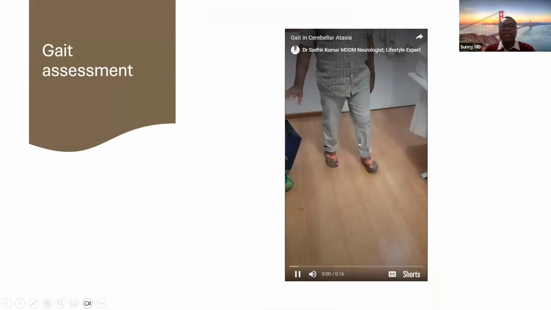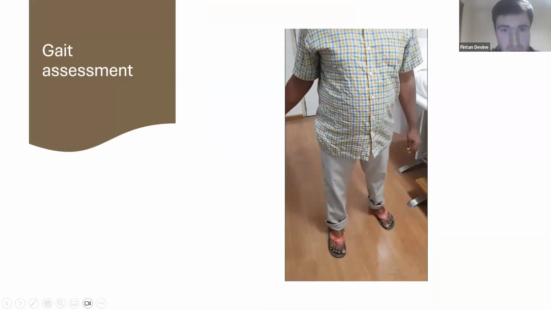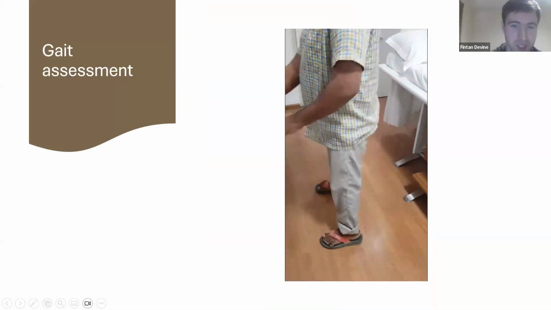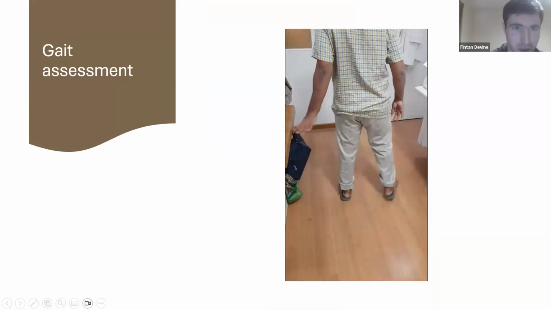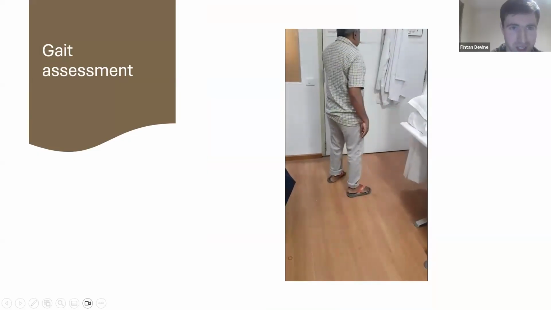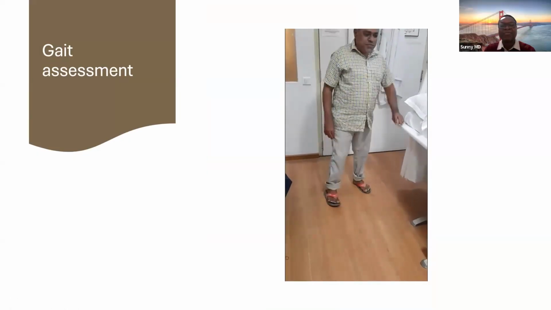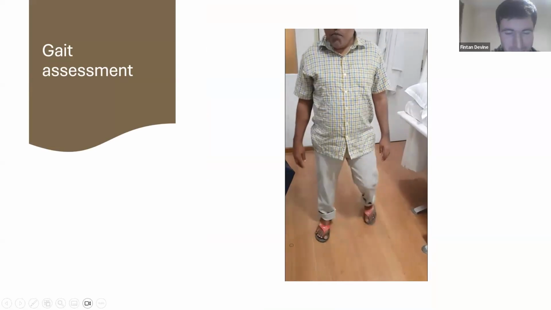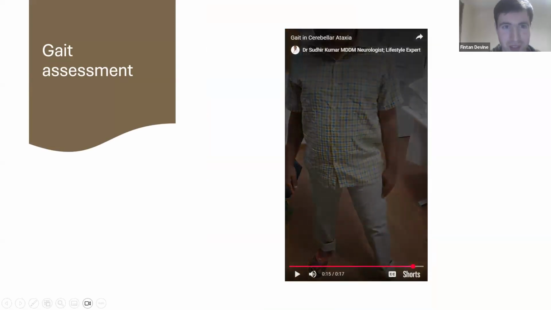Next I would ask him to put both feet together and do a Romberg's on him, see if he's steady enough to stand. Romberg's is negative. That would imply it's not a sensory issue at play here.